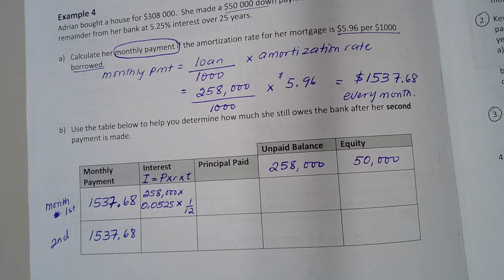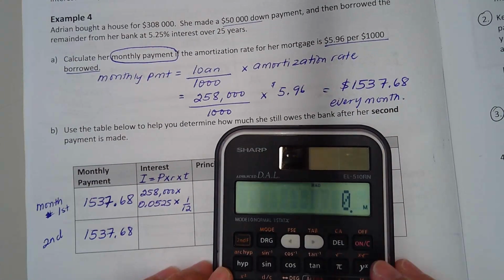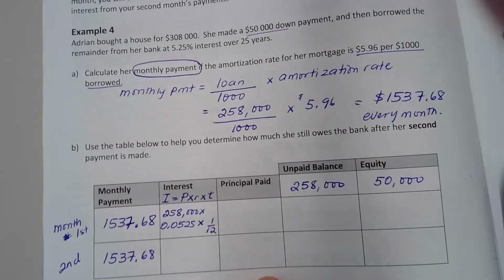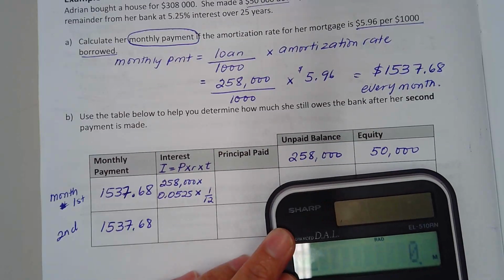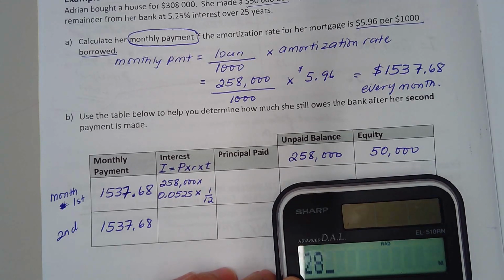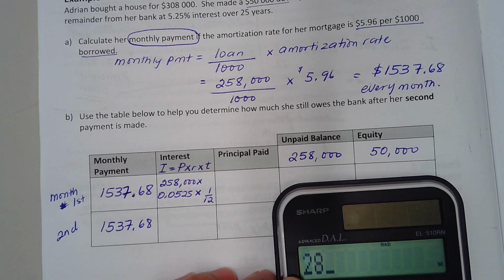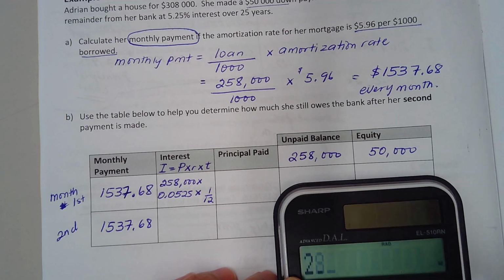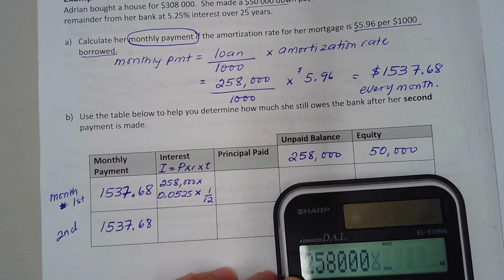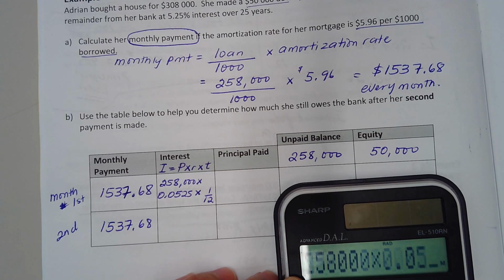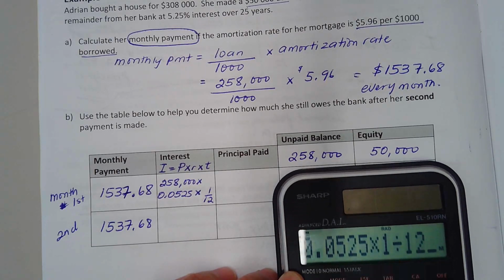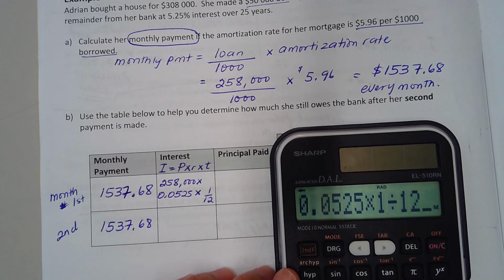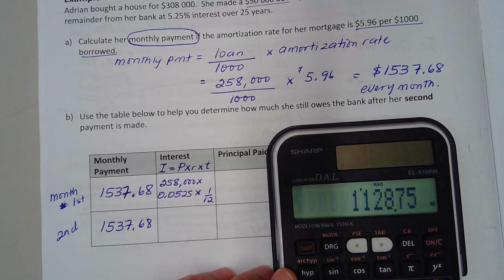Let's figure that out. $258,000 times 0.0525 times 1 divided by 12. We could do this all at once in one calculator stroke.